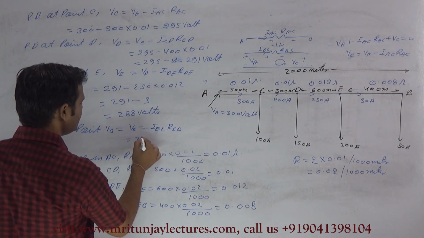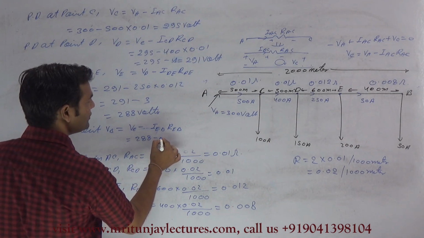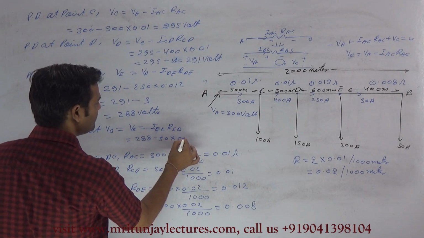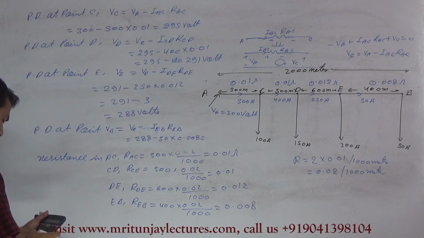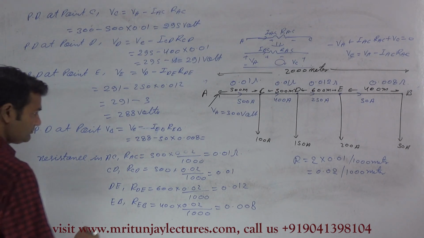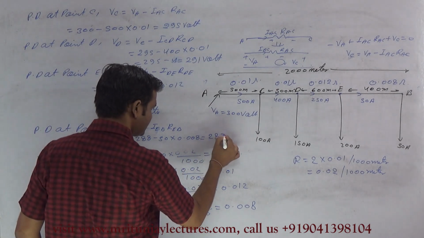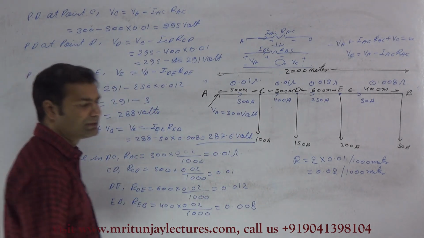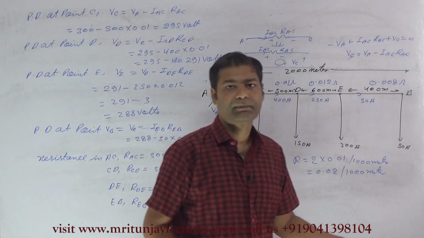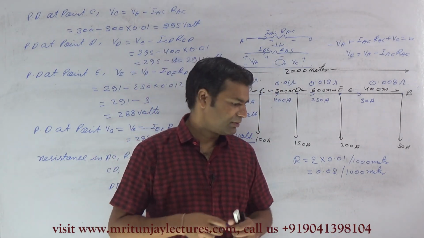So VE is 288 minus 50 into 0.008, that is 287.6 volt. This is the final answer. Okay, clear how you can solve it?